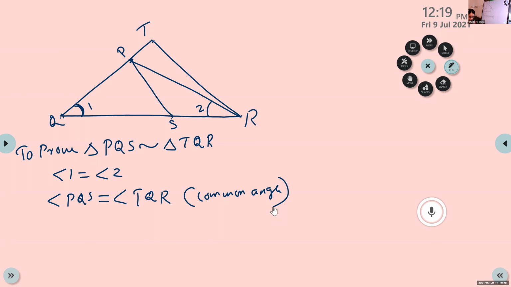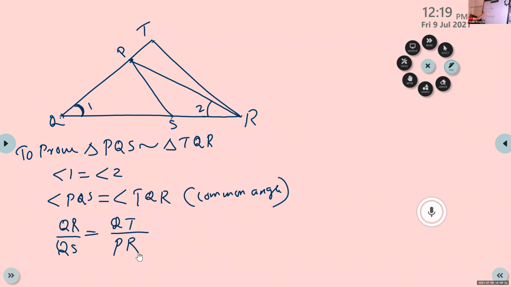Then what can we do? Also we have the given condition QR by QS equal to QT by PR. Can we do anything with this?